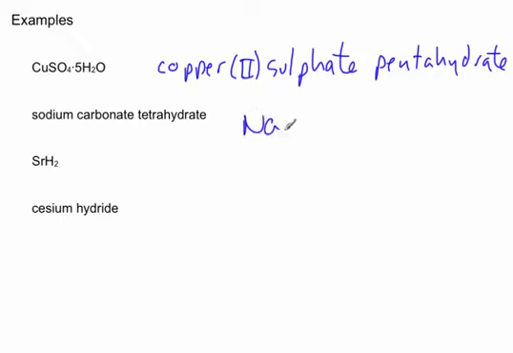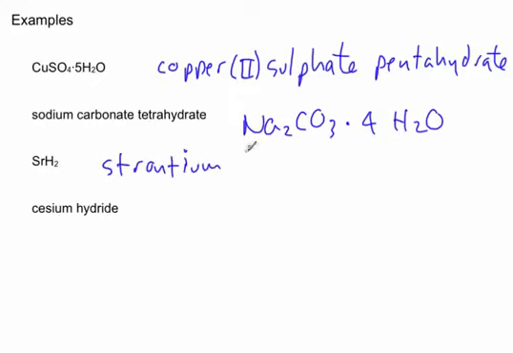Sodium, Na, carbonate is CO3 2-, so it's Na2CO3, and we have tetrahydrate, 4H2O. SrH2 would be strontium hydride. And finally, cesium hydride, Cs, and Cs has the charge of 1+, so CsH.